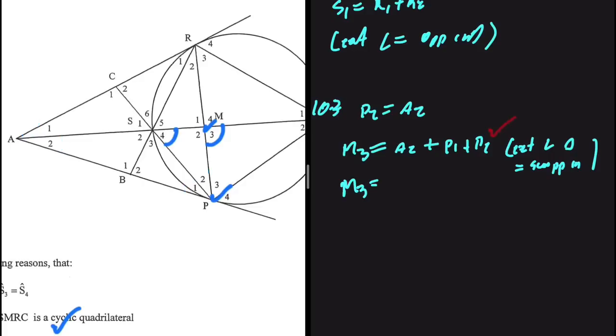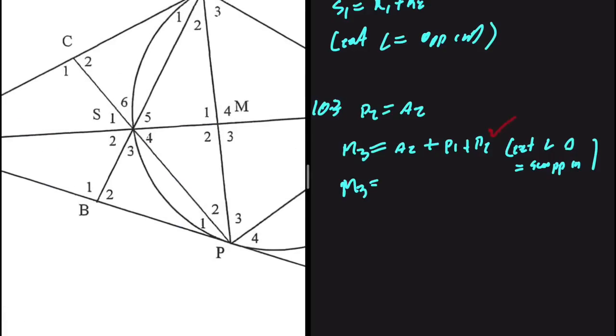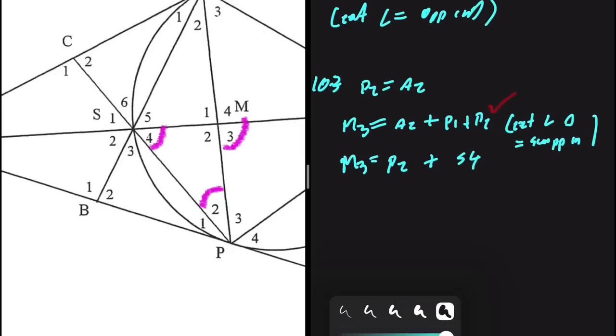Let me erase again for the sake of clarity. So we can say that M3, this angle right here, is equal to S4 plus P2. So what are we saying? We're saying that M3 is equal to S4 plus P2, so P2 plus S4, okay? For the same reason, exterior angle of a triangle.